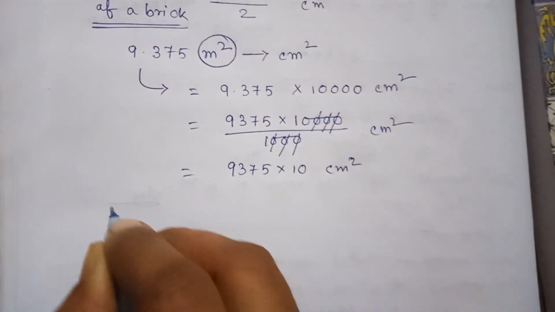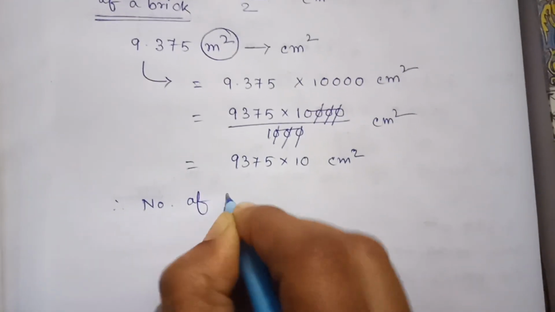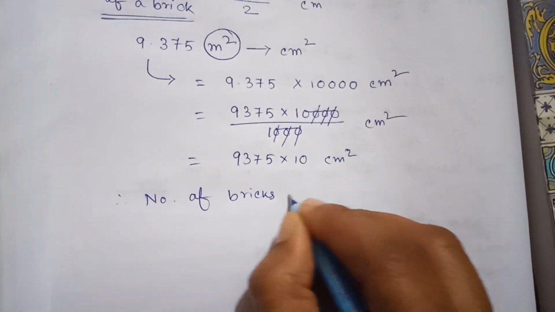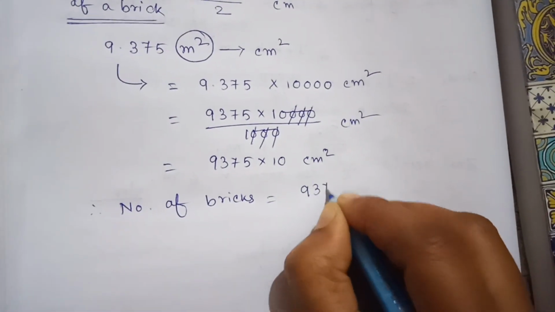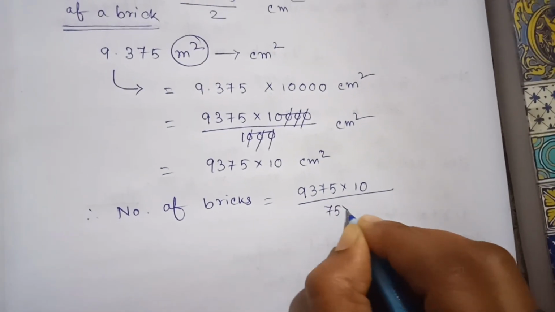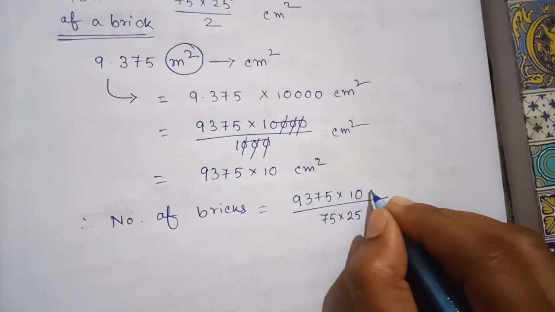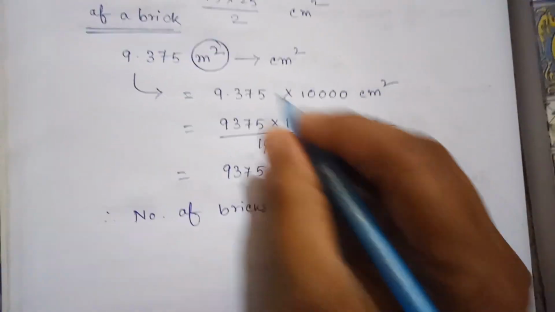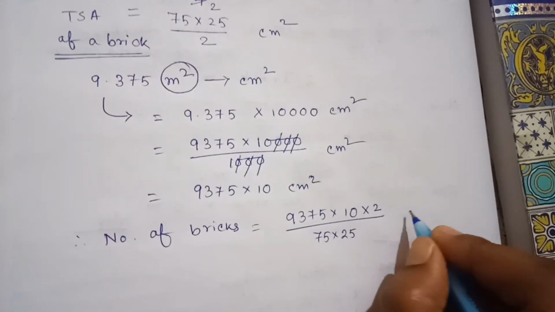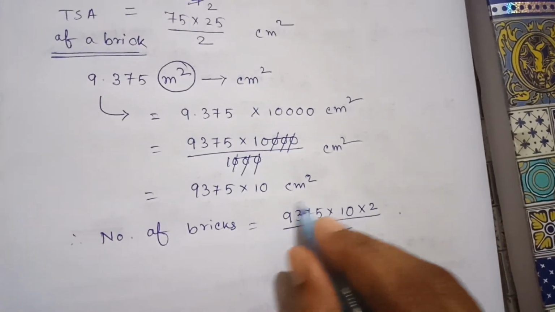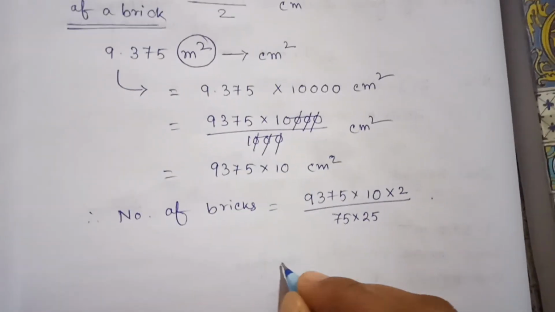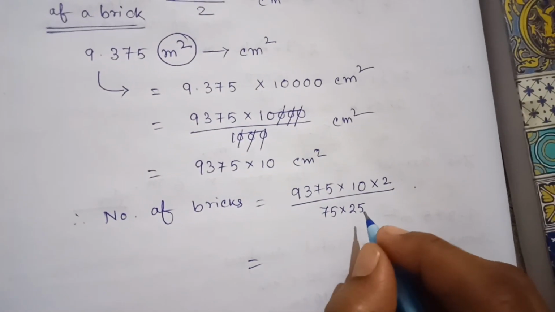Now the number of bricks that can be painted with this will be 9375 into 10 divided by 75 into 25 and 2 in the denominator, so it will be multiplied to the numerator for division. This is the number of bricks, and the number of bricks will not have any unit. Now what will we get?